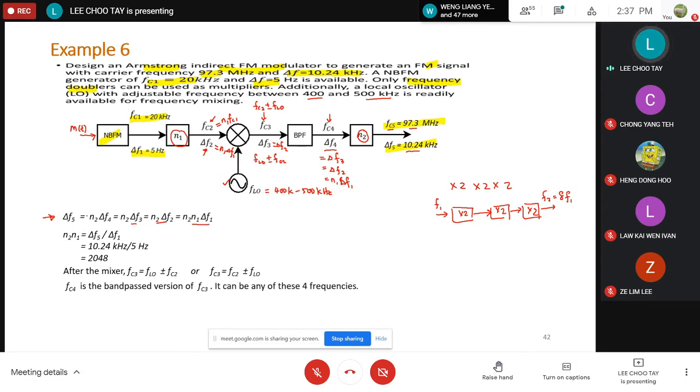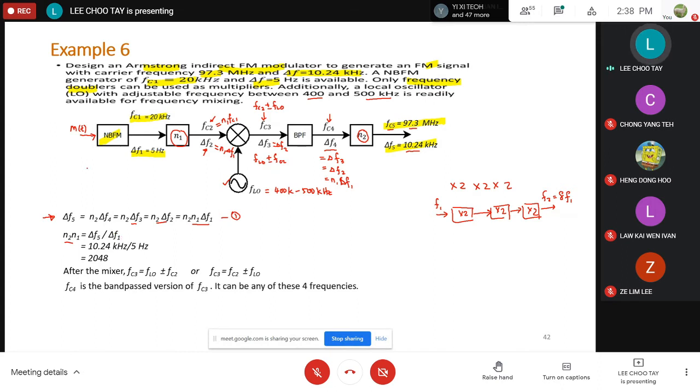So delta F5 is N2 N1 delta F1. So this is our first equation here. And from this equation, if you rearrange, you get N2 N1 is equal to delta F5 divided by delta F1.